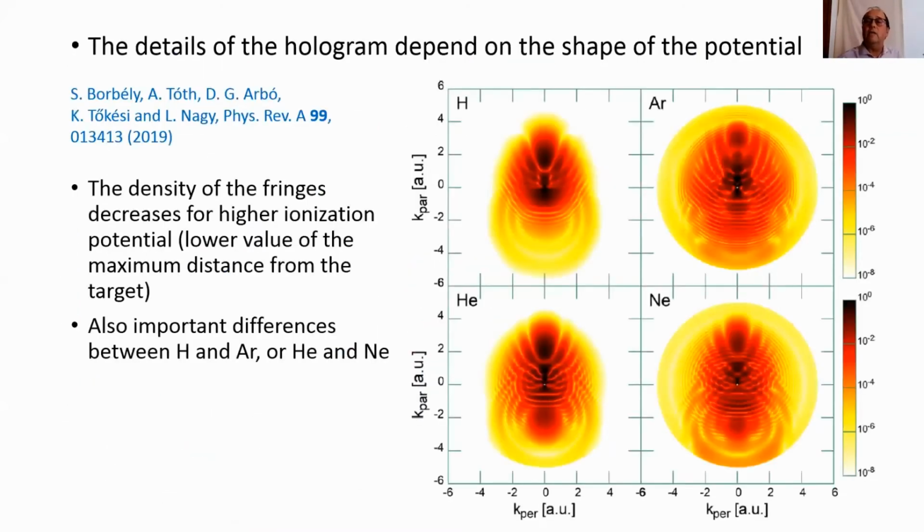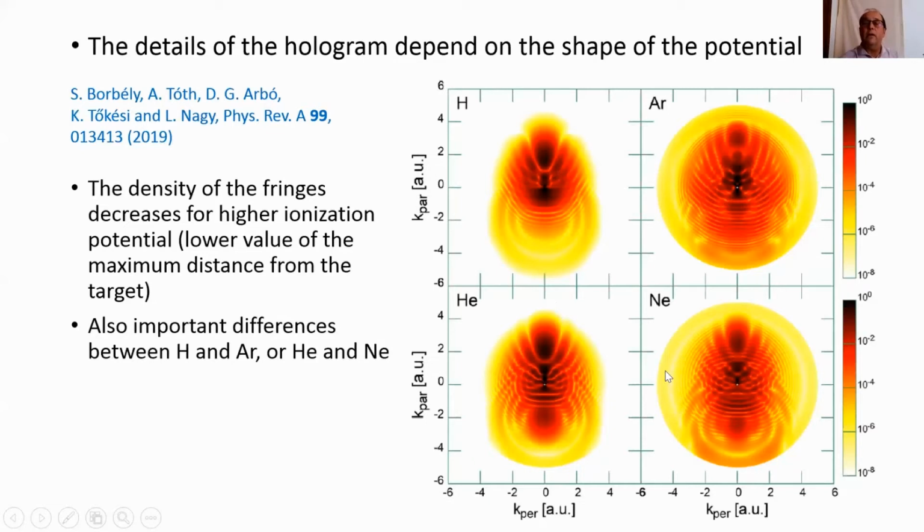Here you see this interference pattern for the four studied atoms. First we can observe that for hydrogen and argon, this density is a little bit larger than for helium and neon. But we can also observe important differences between hydrogen and argon and helium and neon.